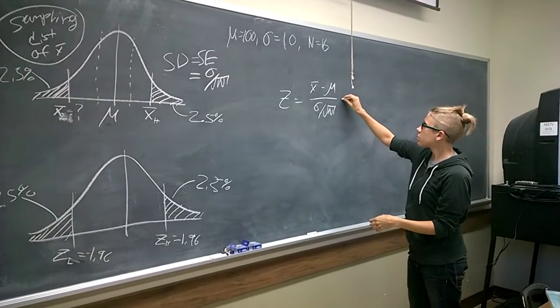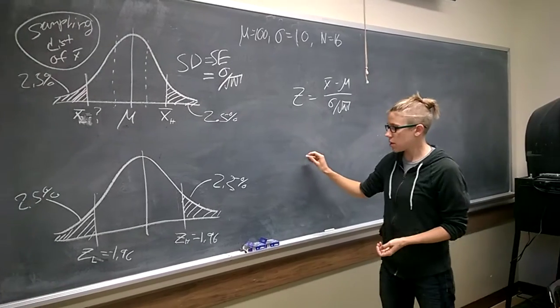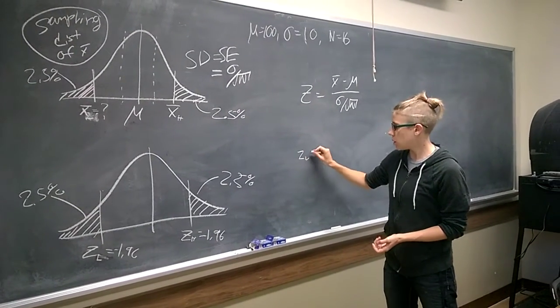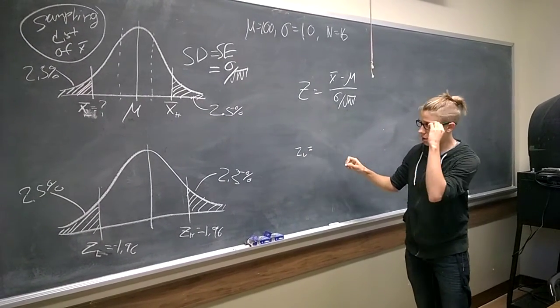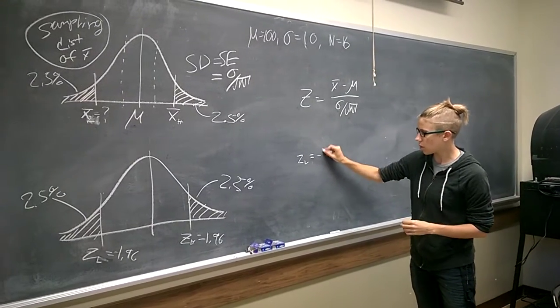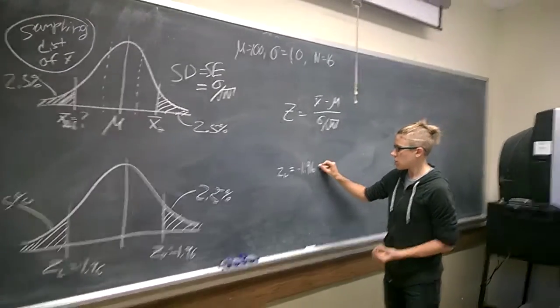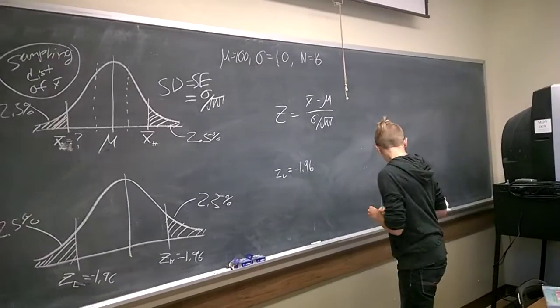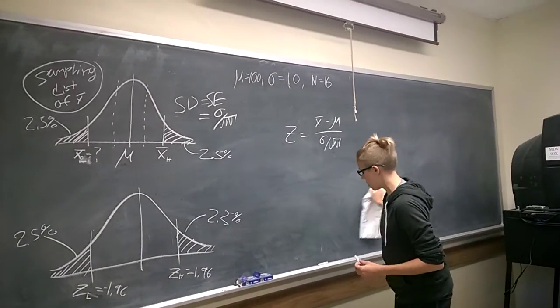All right, so let's start with Z low. We know that has to be negative 1.96. Actually, I'll write this out symbolically first.